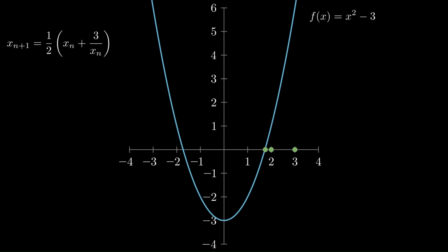But one of these numbers will be smaller than square root of 3 and the other will be larger. So when we average them, we should get a better approximation to square root of 3 than the original value of x that we started with. If we do one more iteration, we get 3 decimal places of accuracy.